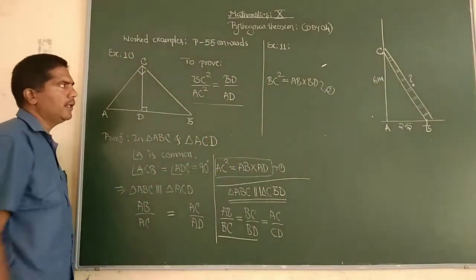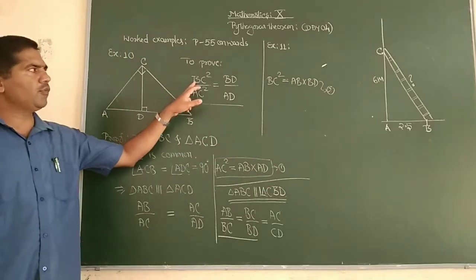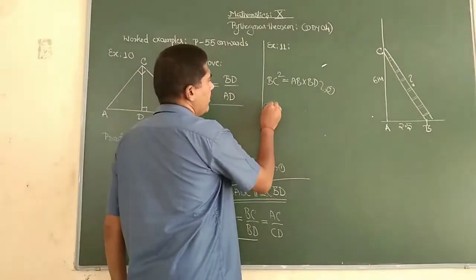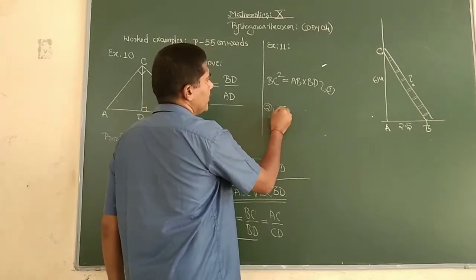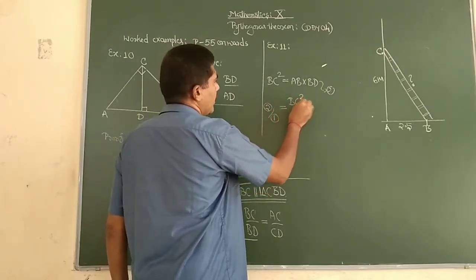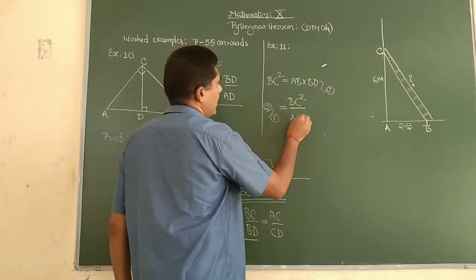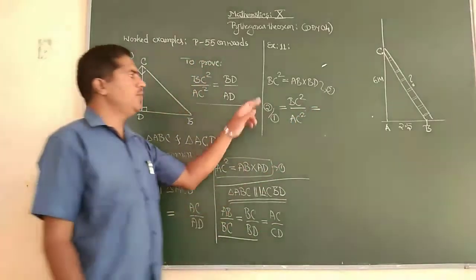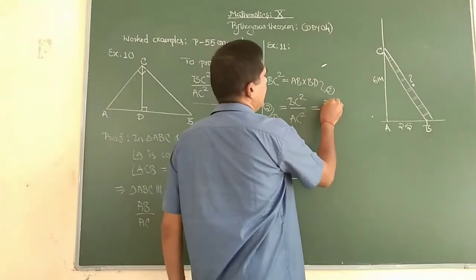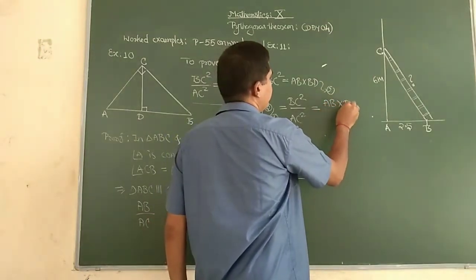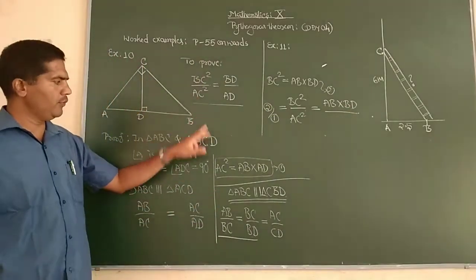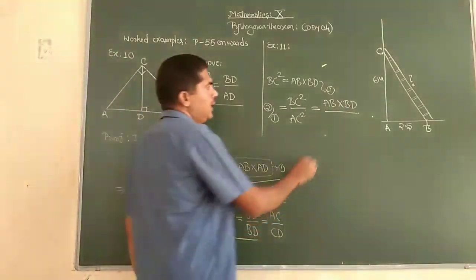Observe here what I need. I need BC square by AC square. So then do equation 2 by 1. BC square by AC square equal to, right hand side you see BC square, what it was, AB into BD divided by AC square, which was AB into AD.